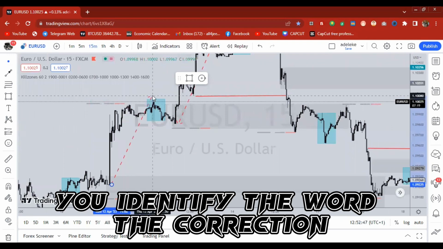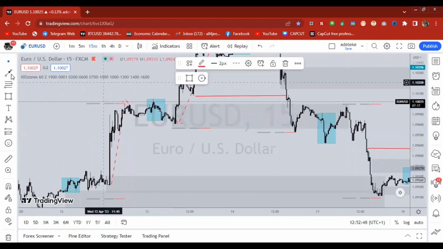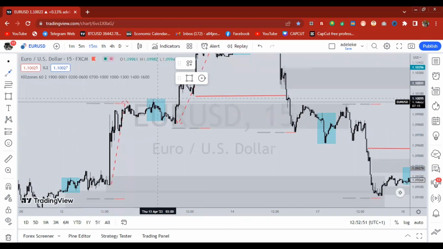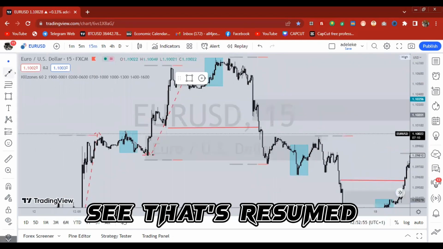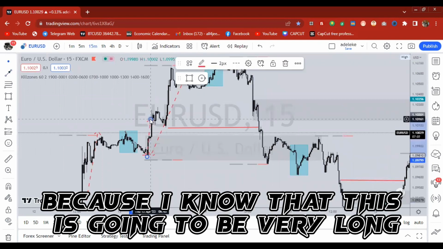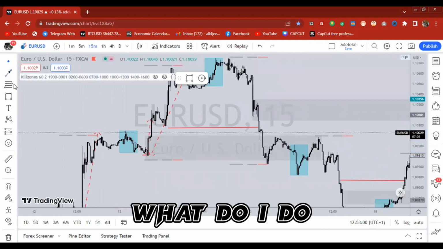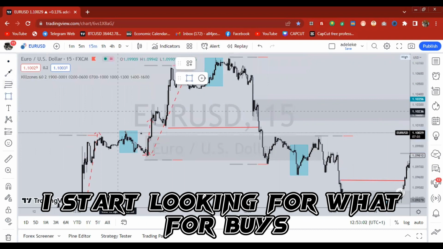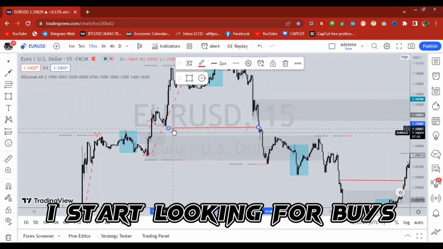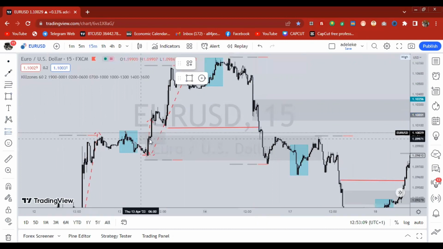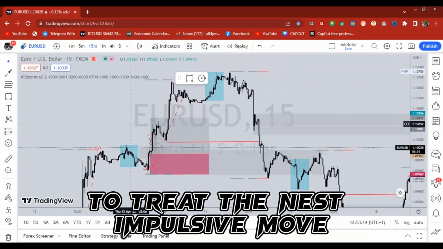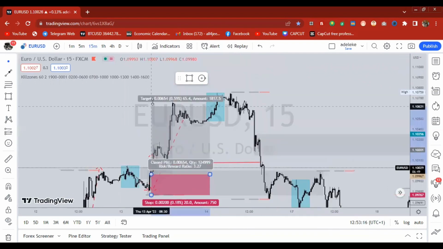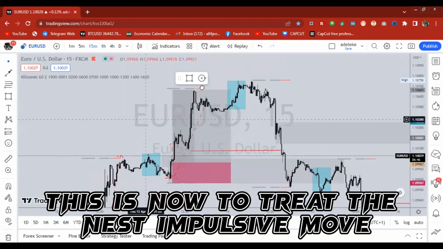So you identify the correction. I identified that this is a correction, and when I saw that the impulse had resumed again, see, it has resumed. And I know that this is going to be very long. So what do I do? I start looking for buys, to trade the next impulsive move. Do you see it now?